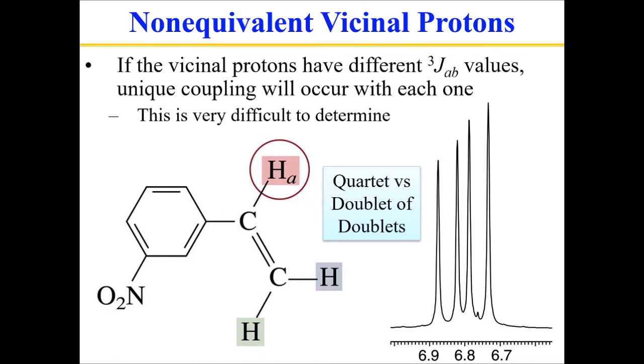This color to me looks red, maybe pinkish. We'll call it pink. Relative to the pink hydrogen right there, 3 bonds away is the blue hydrogen, and we'll call that one green. And if those colors are not what you're seeing, then oh well. So the red hydrogen is 3 bonds away from both the blue hydrogen and the green hydrogen.